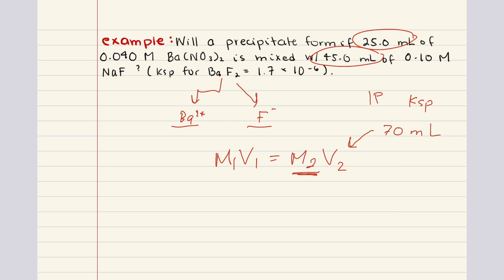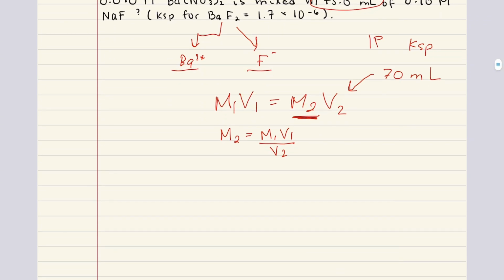Now again, we're solving for M2, so let's rearrange this equation to solve for M2. That's going to be equal to M1 V1 over V2. And we're going to use this equation to solve for the concentration of both ions of interest, starting with barium. The concentration for barium is going to be equal to M1 V1 over V2. M1 is going to be equal to 0.04 molar.